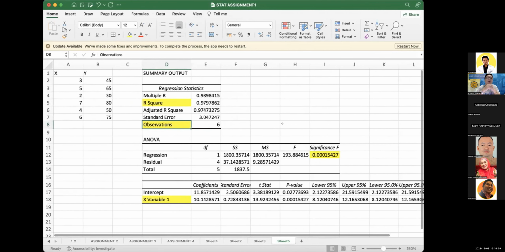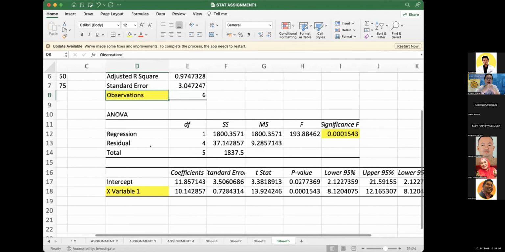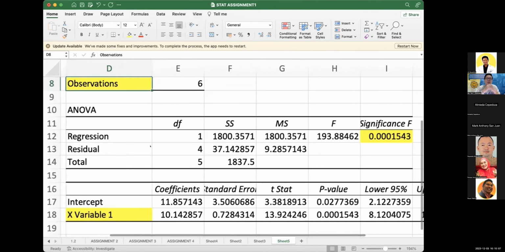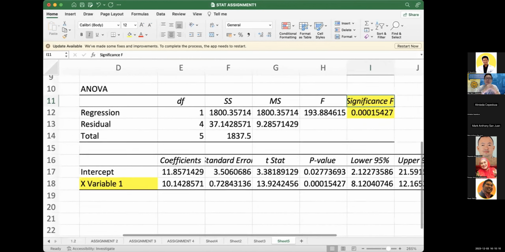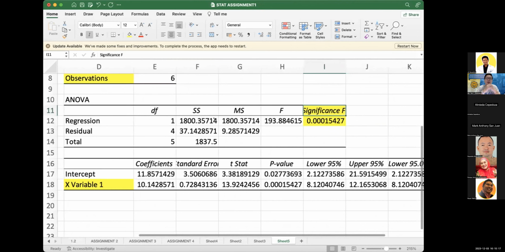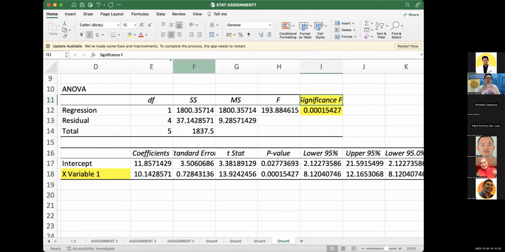Okay, so tapos na tayo sa regression statistics. Go to the ANOVA statistics. What is important in ANOVA is the level of significance, the one highlighted in yellow. This represents the p-value of your test. If you compare it with the confidence level that you have, 0.05, compare it to 0.001.